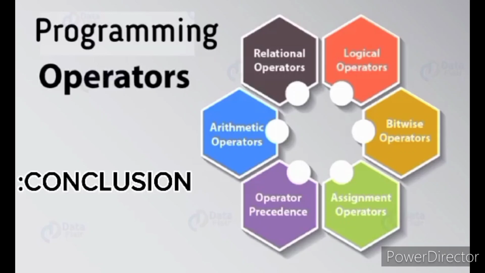Logical operators deal with Boolean values and perform logical operations. Bitwise operators work on individual bits of binary numbers. Assignment operators are used to assign values to variables, while conditional or ternary operators provide a compact way to make decisions, and special operators like increment and decrement change the value of a variable.